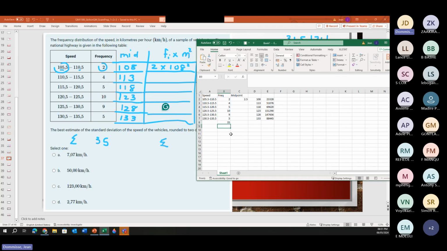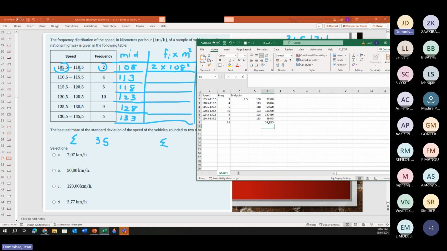Because it does really feel like a lot of work for an exam question. The frequencies are fine to work out, but to go now and multiply all of this out, it really does take a lot of time.